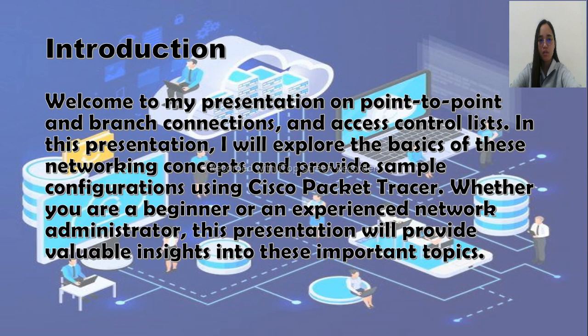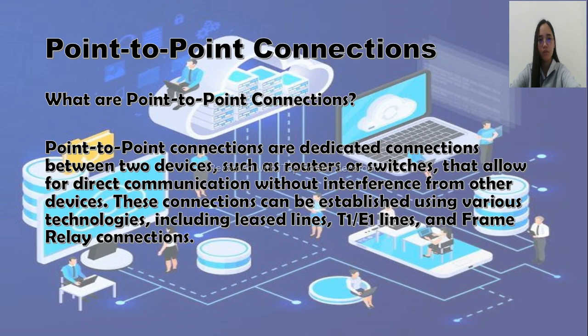In this presentation, I will explore the basics of these networking concepts and provide sample configurations using Cisco Packet Tracer. Whether you are a beginner or an experienced network administrator, this presentation will provide valuable insights into these important topics.